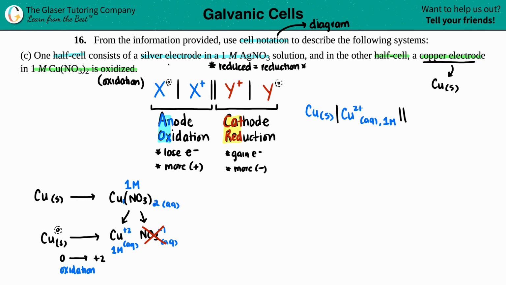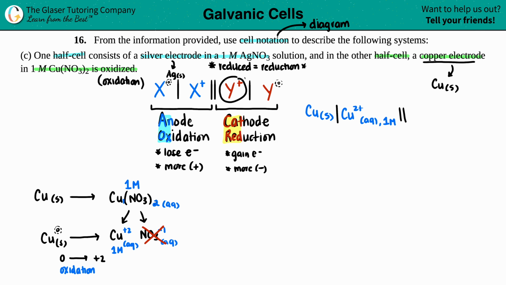Okay, well now here we have the silver electrode. Silver is Ag, and in standard state, it's a solid, right? It's not the exception, mercury. And then they gave us this AgNO3 solution. But now the thing is, which one do I start with? Do I start with the solid or do I start with the solution?